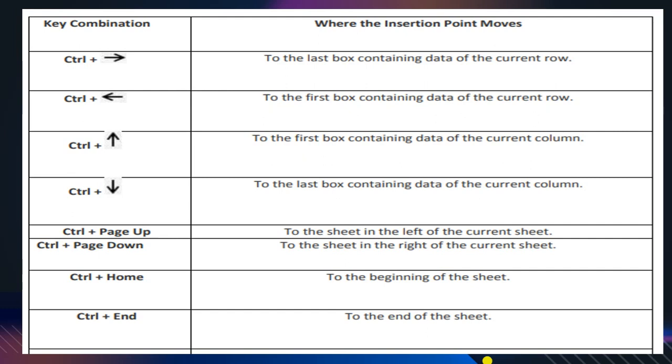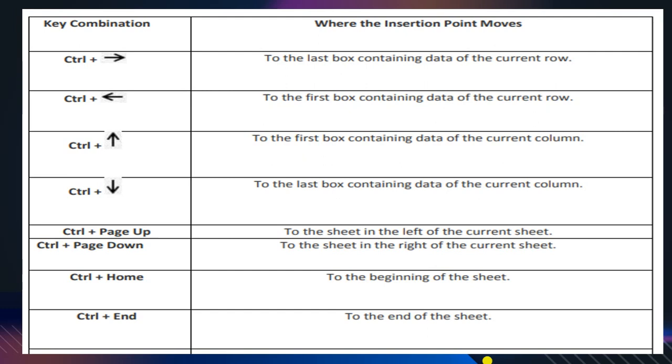If you press the control key plus the upward key, it will point your insertion point to the first box containing the data of the current column. If you press the control key with the downward key, it will point your insertion point to the last box containing data of the current column.